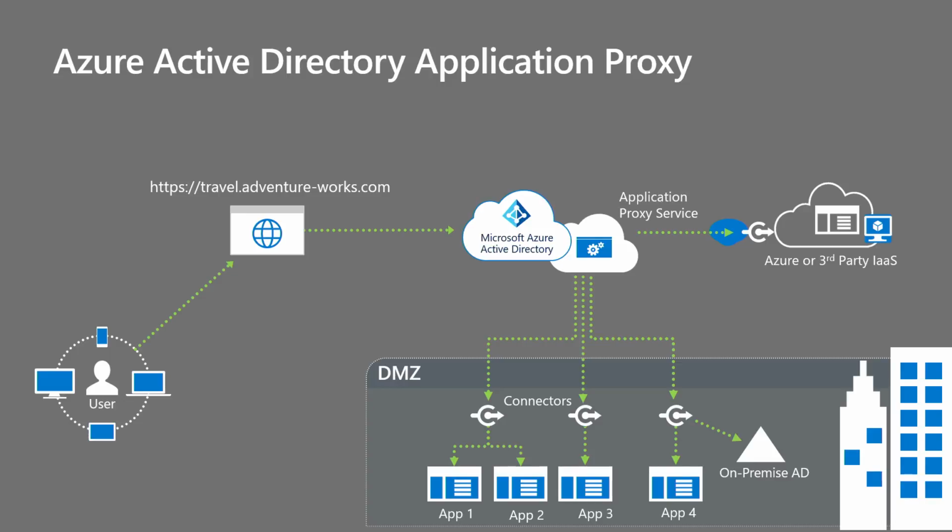That means you're never introducing any inbound traffic into your network. Once you have those connectors installed, all the magic pretty much happens. The application proxy service communicates with the connectors and relays the request to your users. From your user's perspective, it's the same exact cloud app experience they get when signing into any of their other applications.